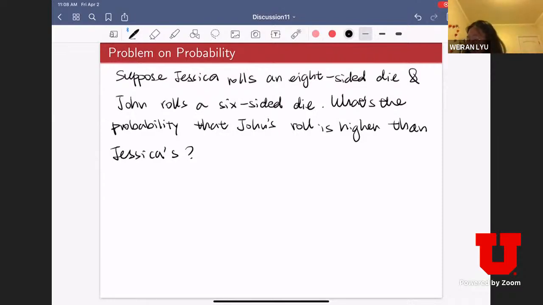All right, I will give you guys some time to work on this one. I believe this question should be easier if you just directly count how many there are, and then just use the definition of probability.